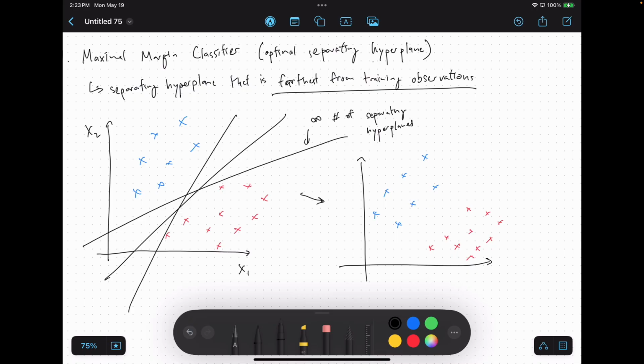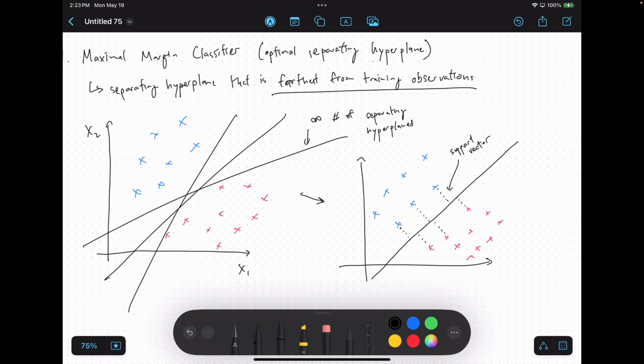And what that means is you draw some kind of line here, and if you think of orthogonal distances to that line, like so, this distance here is known as a support vector.